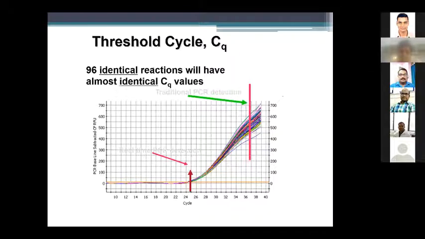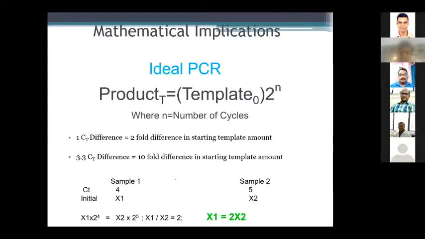96 identical reactions will have almost identical CQ values in the case of traditional PCR, but in real-time PCR they have different values at the initial phase. Mathematically, the ideal PCR product equals the template times 2 raised to the power n, where n is the number of cycles.